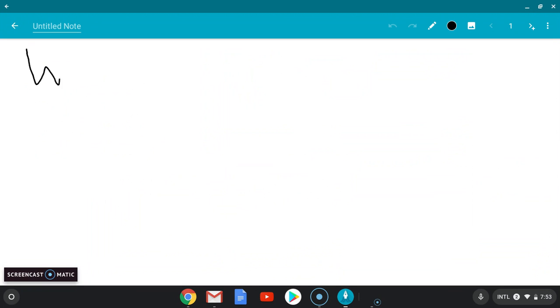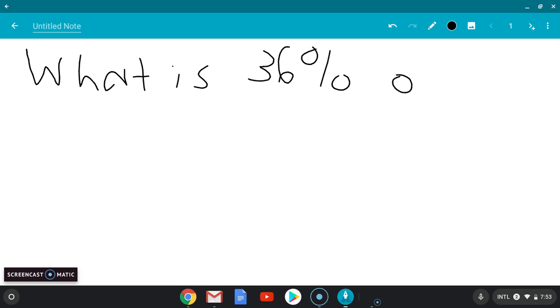So what is 36% of 50? All right, now you remember they had all those steps to it, right? And there's fractions and multiplication signs everywhere. All right, all you have to do is change the percentage into a decimal.